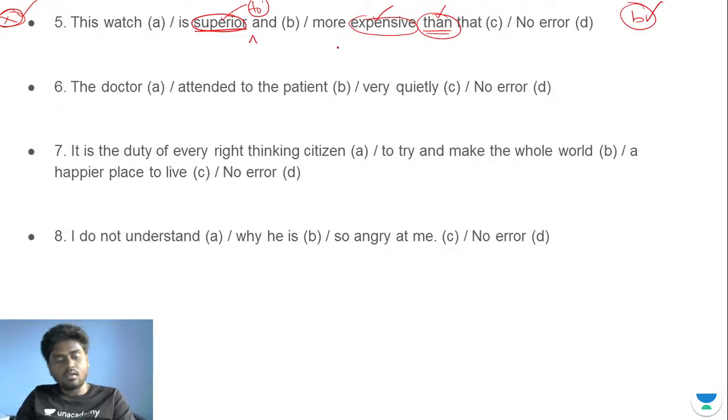Come on. For the sixth question, what will be the actual error? Is there any error first of all for the sixth question here?